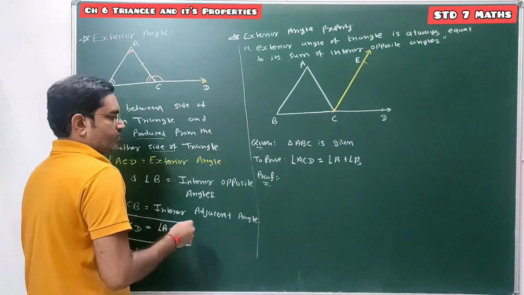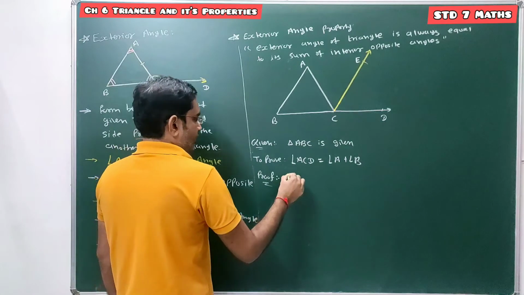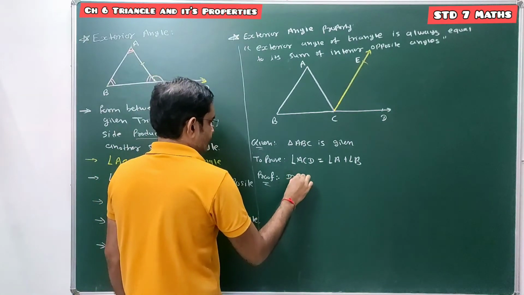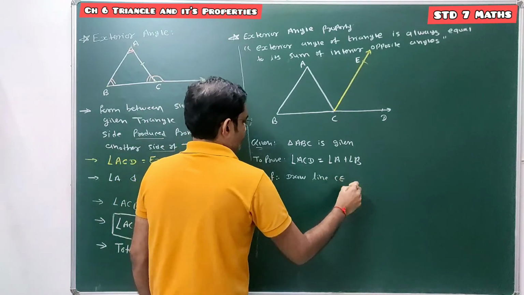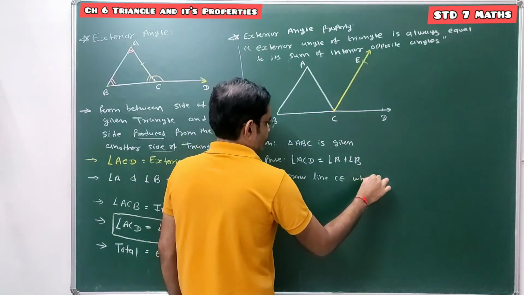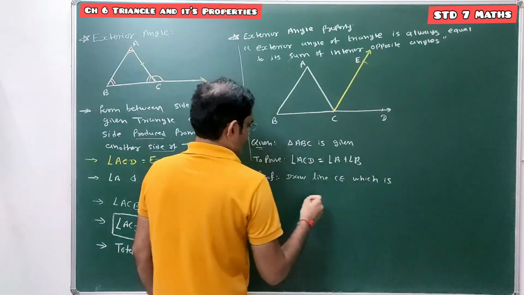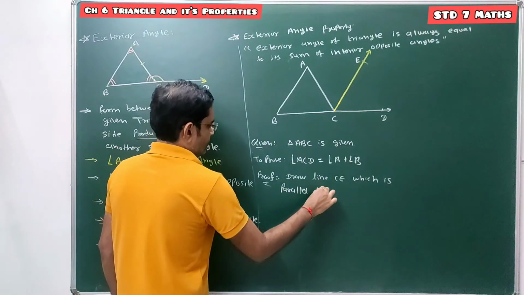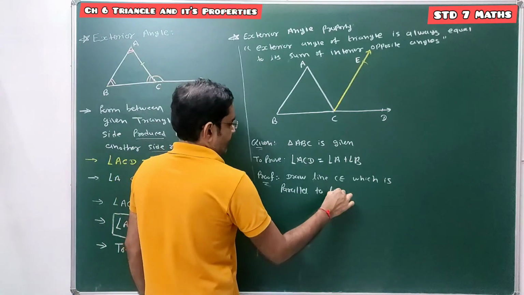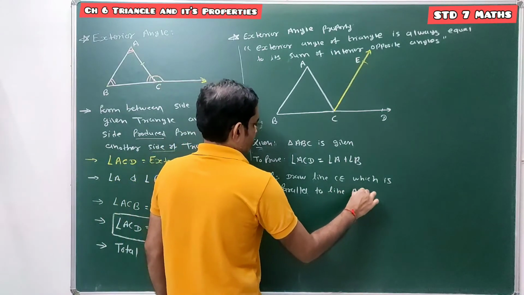Done? So now the first statement: draw line CE which is parallel to line AB.